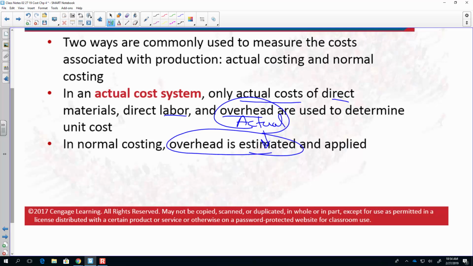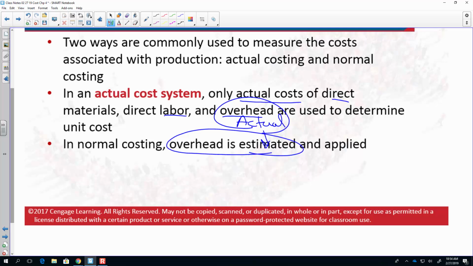Remember, think of a company making parts or an auto repair shop. Do you think they can wait for the utility bill, or for their supplies expense bill to come in before they can bill a customer? No, they've got to do it immediately. So that's the reason why we're going to use an estimate for overhead to figure out what that bill is going to be to that customer. So that's the goal here.